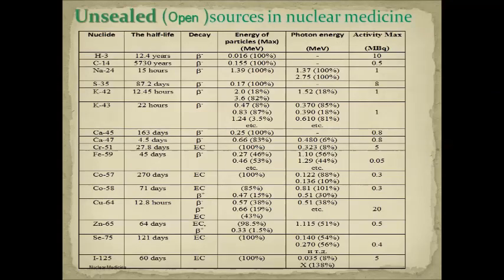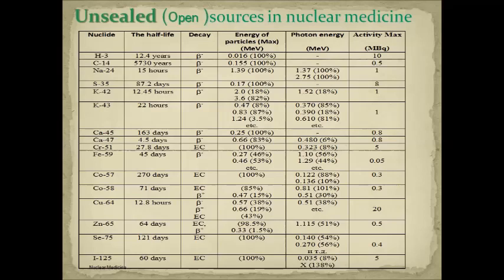There is a huge number of unsealed or open sources in nuclear medicine, and I don't insist that you should remember every one of them. There is no need. Our critical points are half-life and type of decay.